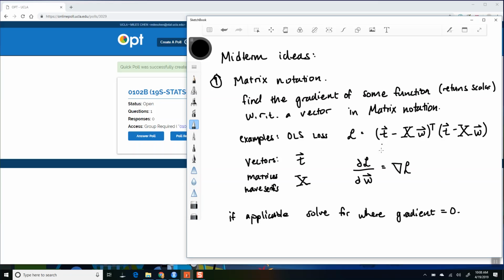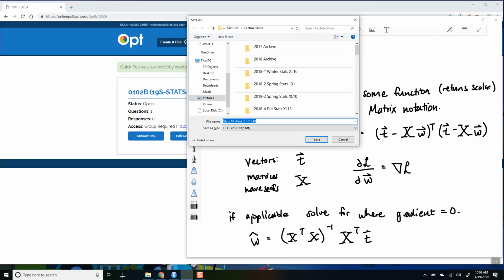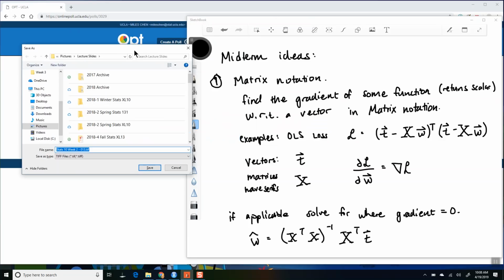If you did it for this, you would get w hat is equal to X transpose X inverse X transpose t, right? Okay, so that's one idea I have for a problem.